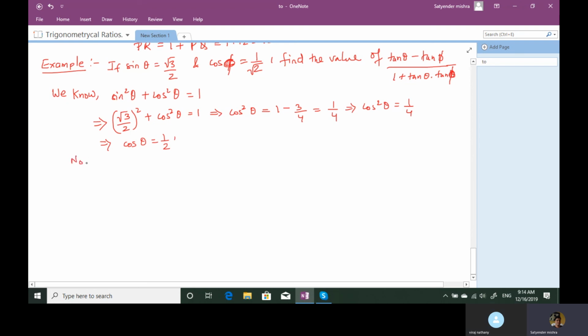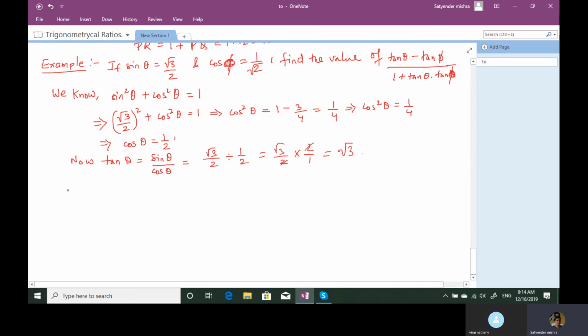We know that tan theta is sin theta upon cos theta. So root 3 by 2 divided by 1 by 2, which is equal to root 3 by 2 into 2 by 1. So 2 got cancelled, so I got root 3. Fine. So this is tan theta.